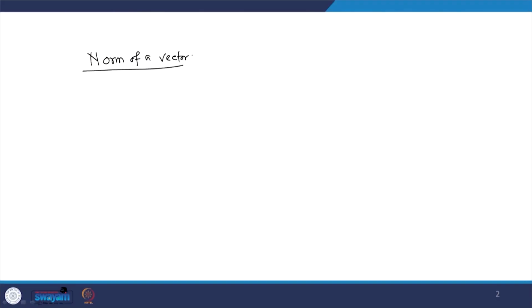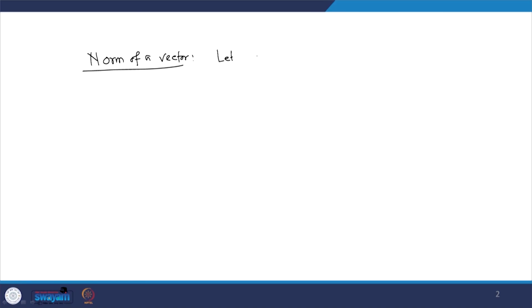To understand the concept of length of a vector, let me introduce one more terminology called norm of a vector. What is that?